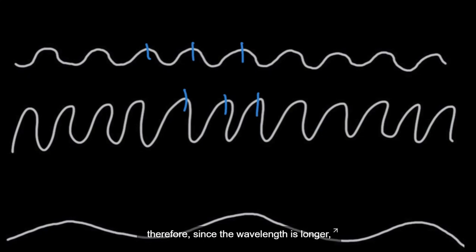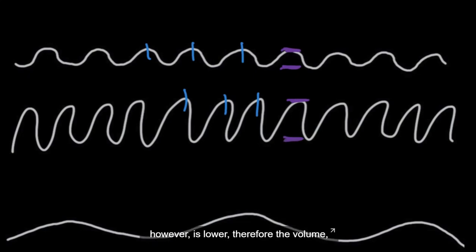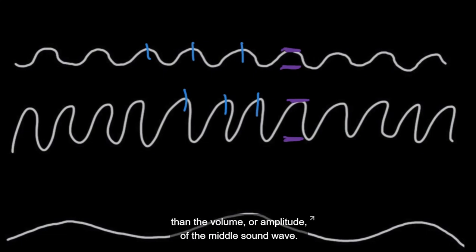Therefore, since the wavelength is longer, the frequency is going to be lower. And therefore, the pitch of the sound wave on top will be lower than the middle wave. If we look at the amplitude of the top wave compared to the middle wave, however, it is lower. Therefore, the volume or the amplitude of the top wave will be quieter than the volume or amplitude of the middle sound wave.